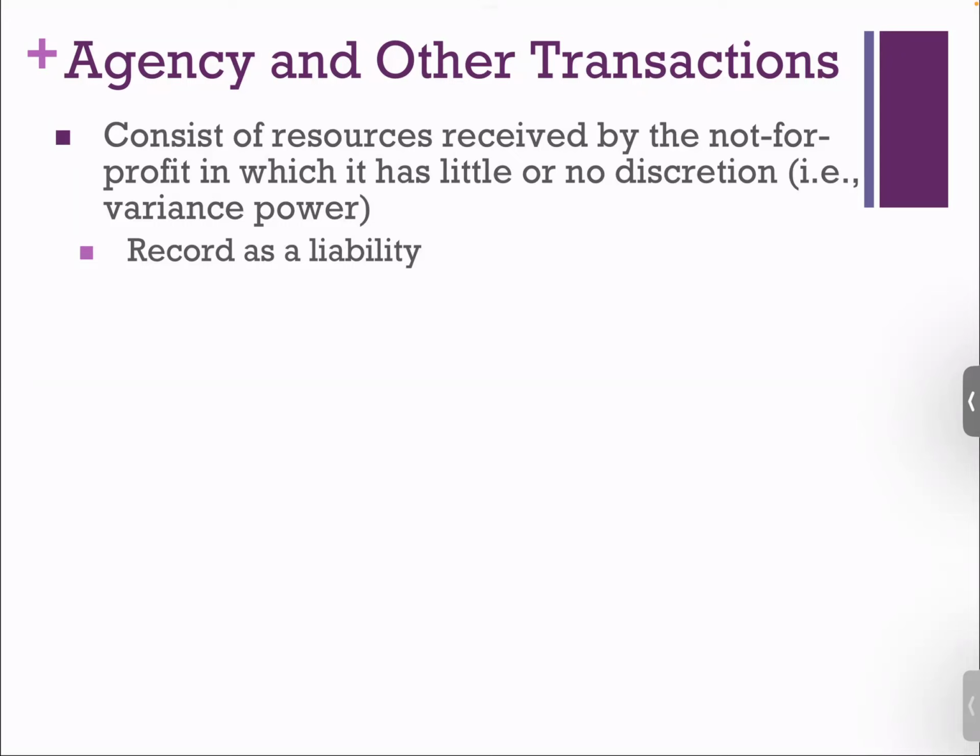Okay, so what you're looking for is words about whether or not we have discretion or variance power. So if the problem says that we don't have discretion on how the money is used, or we don't have variance power, then you need to record it as a liability. So you'd receive the cash, debit cash, and then credit a liability account.